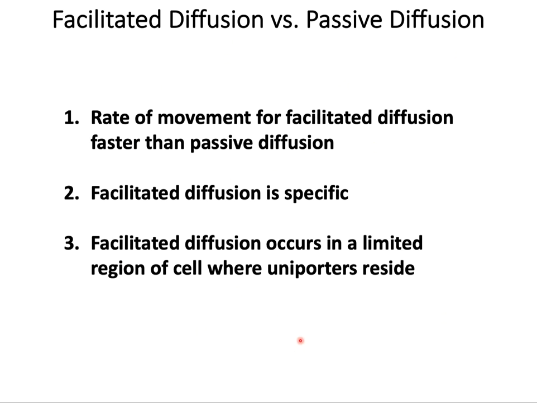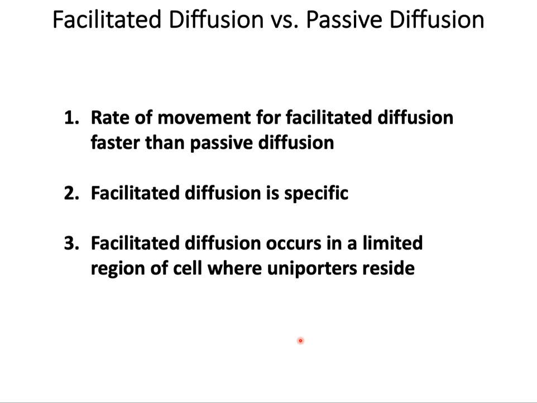So here are the differences between facilitated diffusion and passive diffusion. First, the rate of movement for facilitated diffusion is faster than passive diffusion. And that is because the rate-limiting step has been removed. Instead of the substance moving through the hydrophobic core of the lipid bilayer, the substance is actually moving through the transport complex.